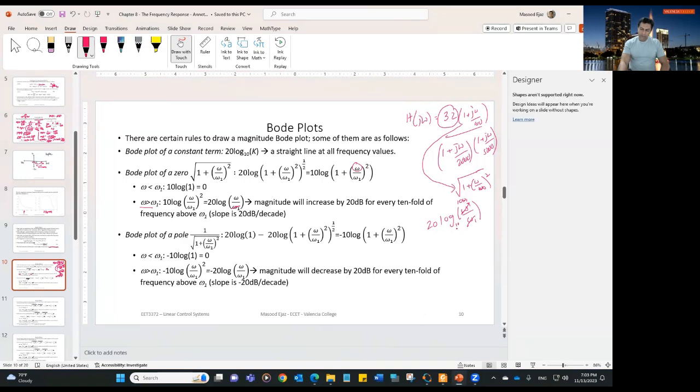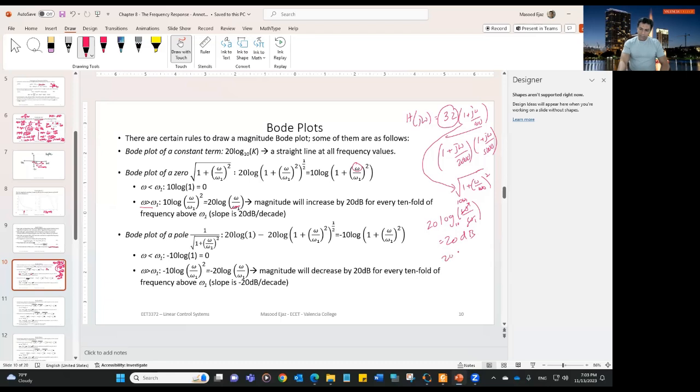What will be 20 log to the base 10 of 10? Remember, when you're calculating a log, you're taking this number as a power of the base. So 10 to the power 1 is 10, so log of 10 with base 10 is 1. You can check that if you forget your logs. That's going to give you 20 decibels. That means when omega is 10 times omega 1, your value is 20 decibels.